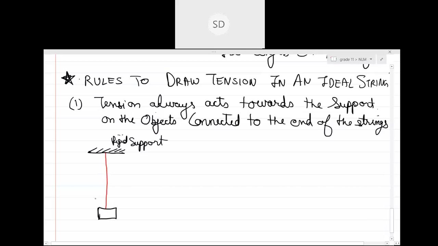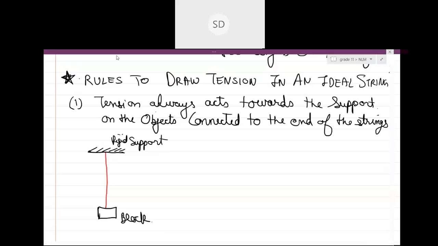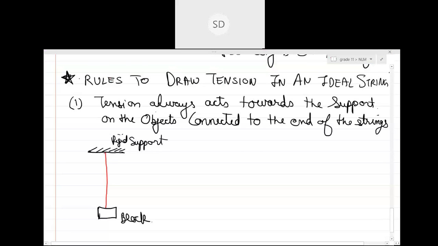Can you see the two objects involved? The rigid support and the block. These are the two ends of the string: one end is connected to the rigid support and another to the block, right?